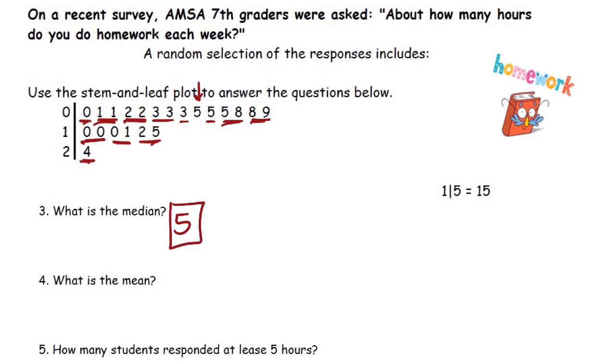Now my mean, remember that's my average. This is the one you have to be the most careful with. There are 1, 2, 3, 4, 5, 6, 7, 8, 9, 10, 11, 12, 13, 14, 15, 16, 17, 18, 19, 20. There's 21 numbers.